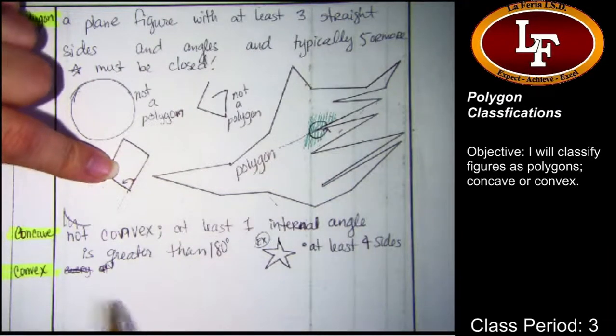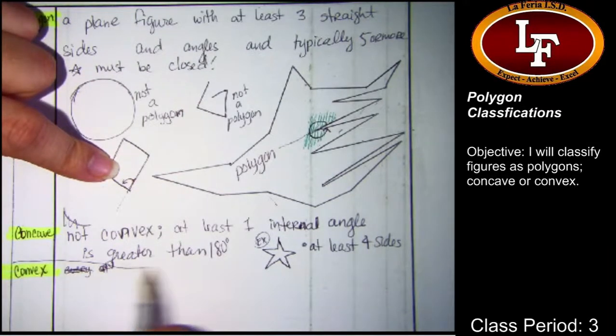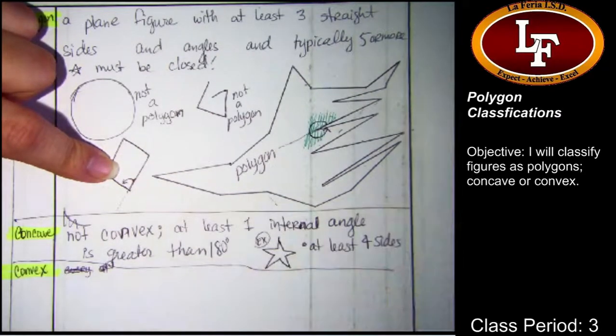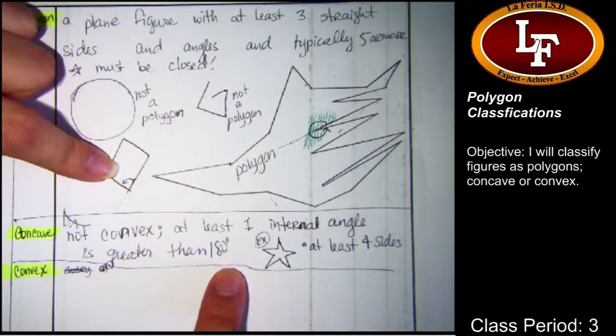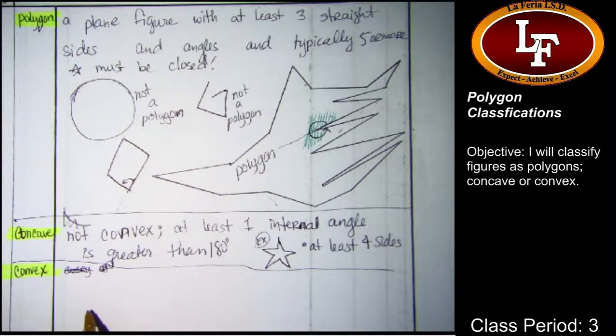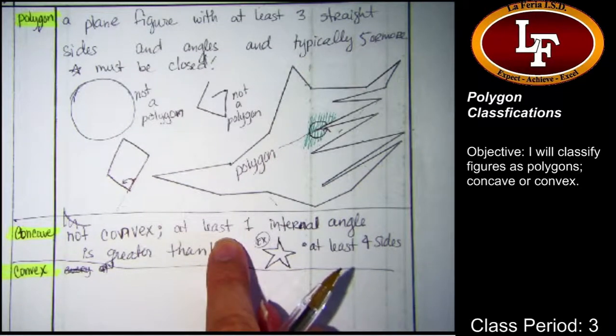All right, so if concave is an interior angle greater than 180, what would convex be? Less than 180. How many angles? For concave, it should be at least 1.